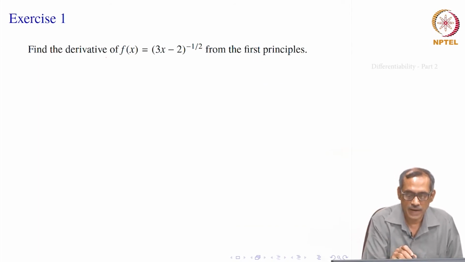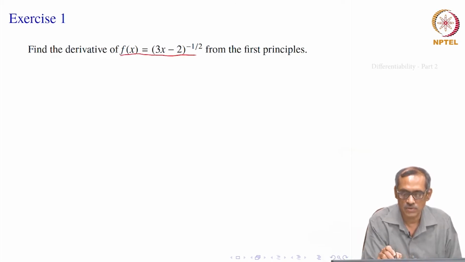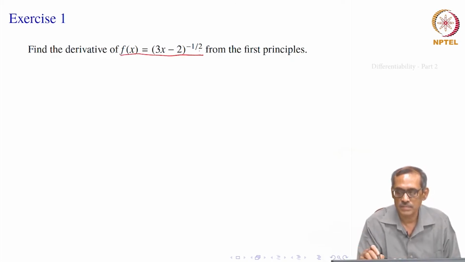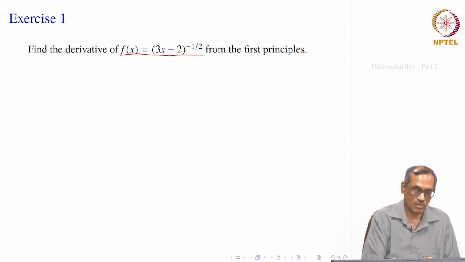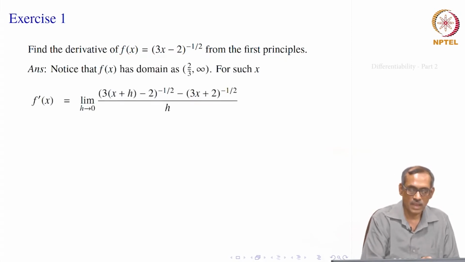So, we are asked to find the derivative of this function f of x is 3x minus 2 to the power minus half from the first principles, that is using the definitions. That is the only thing we have, of course.